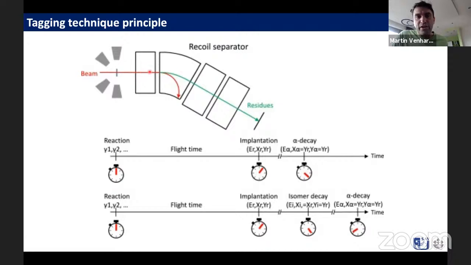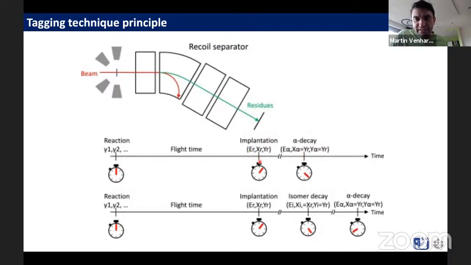Then it flies to the recoil separator, at the core of which is a dipole magnet, which separates the primary beam. The products of the reactions are transported via focusing quadrupoles into the focal plane, and then you implant them into the silicon detector, and you wait for the alpha decay.